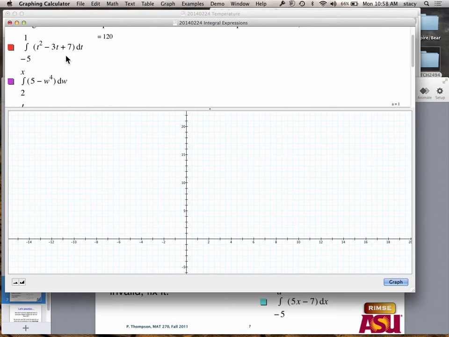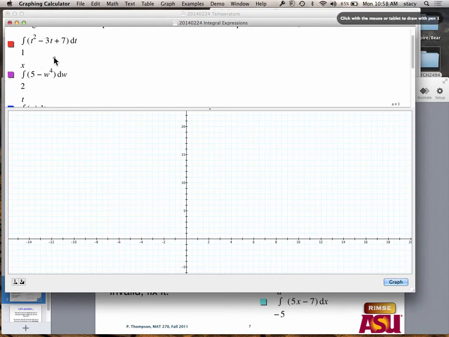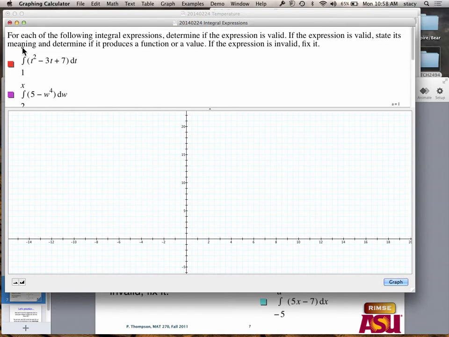If it's an x, then it's a function, and if it's a number, then it's a value? I don't want to say universally yes, because you can have the x on the bottom, and that'll still give you a function. So like I could have the x down here. So if both of them are numbers, then? Yeah, if both of them are numbers, you'll end up with a value. Okay.